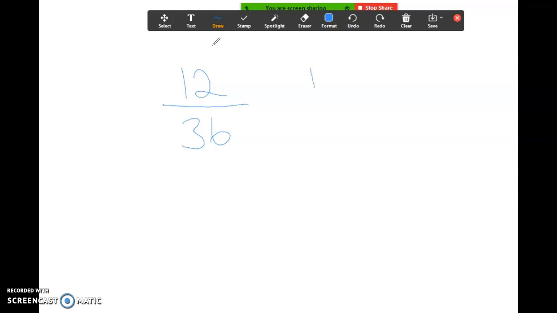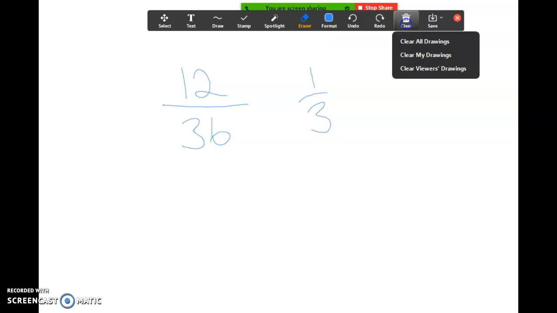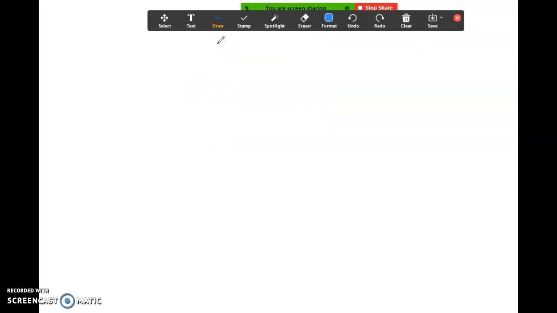Very good. Okay, let's clear that. What would be an equivalent fraction to 8 over 64? And you can also just find the simplest form because that would also be an equivalent fraction, right? Yeah.